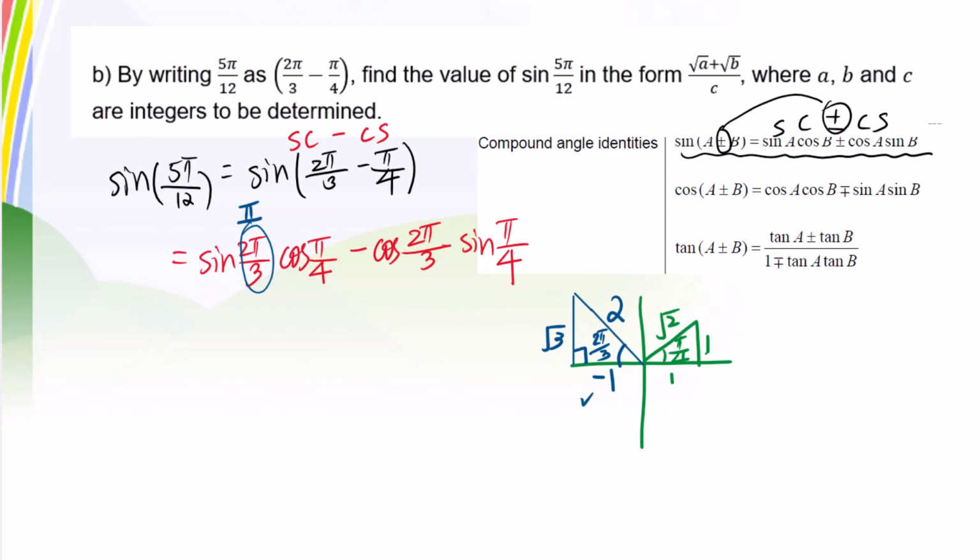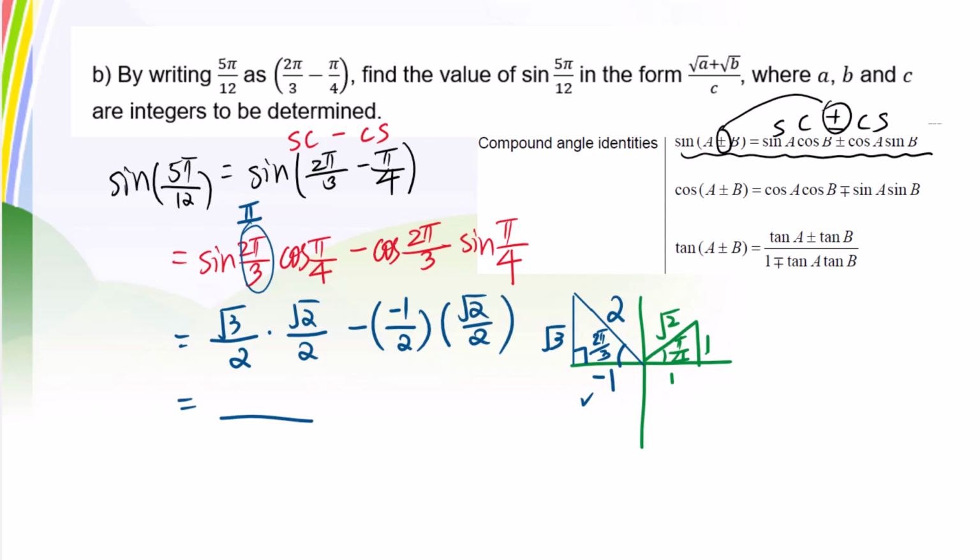Use this diagram to find sine 2 pi over 3, which is square root of 3 over 2. Cosine pi over 4 is 1 over square root of 2, which is square root of 2 over 2, minus cosine 2 pi over 3, which is negative 1 over 2, times sine pi over 4, which is square root of 2 over 2.